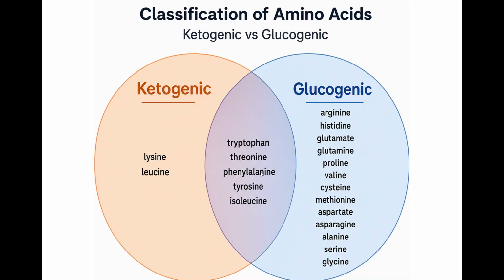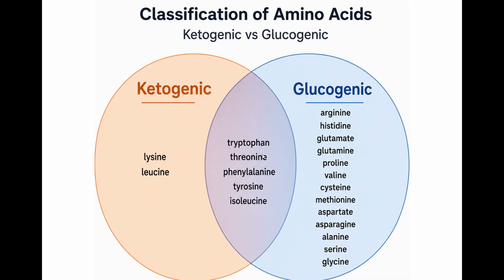Phenylalanine, tyrosine, tryptophan, what are they? Aromatic. So the aromatic amino acids are all both ketogenic and glucogenic, which makes sense because they have a bulky, big structure, so it's more likely that they can give rise to both acetyl-CoA and another intermediate in the Krebs cycle.